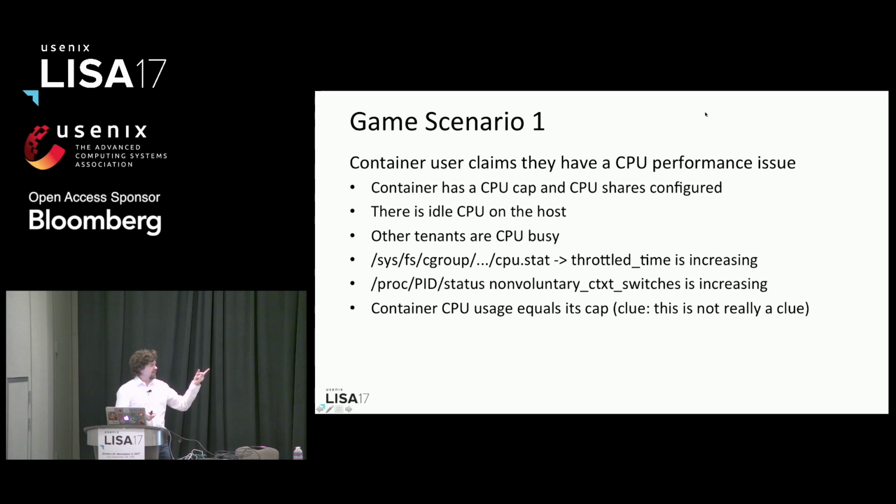Our throttle time metric is increasing. Our non-voluntary context switches is increasing, another telltale sign. Our container CPU usage equals its cap. So our CPU usage is, say, at 200%, and the cap is 200%. That sounds like we're hitting the cap, but we may not be. We may be throttled because of shares. It may just be coincidence that I got to the cap, but shares is holding us back.